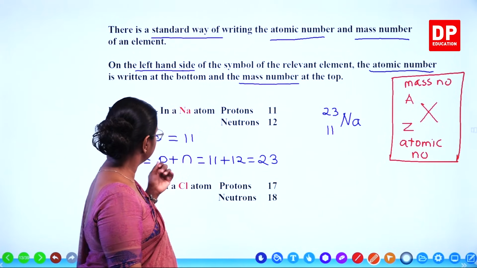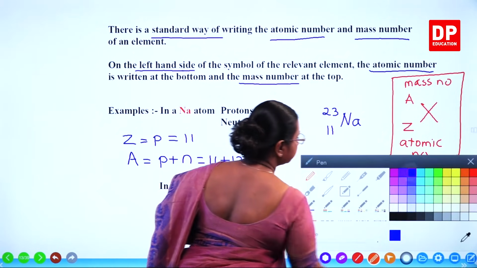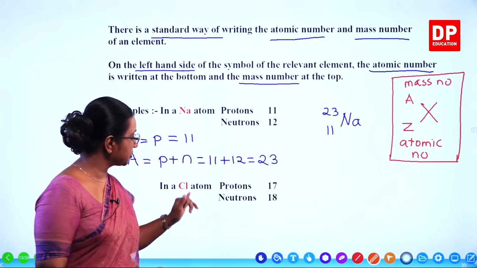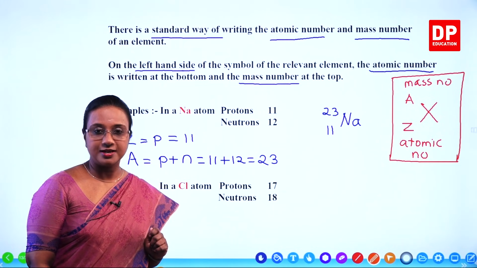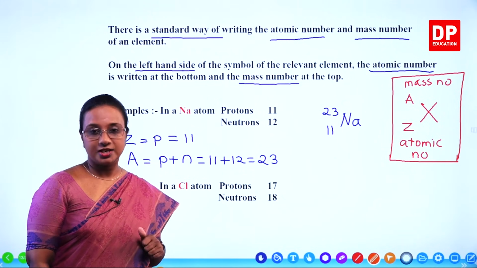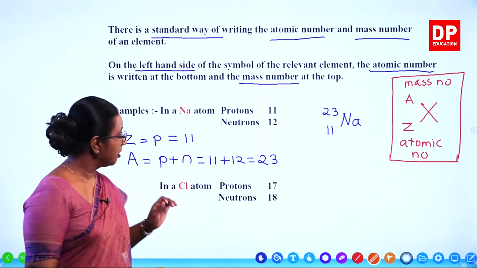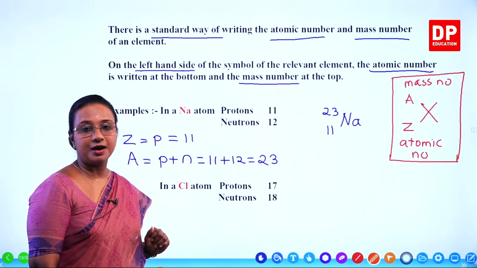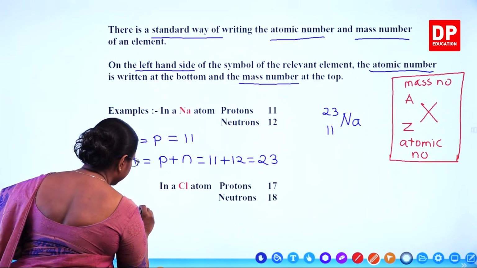We will look at another example, the chlorine atom. First, you think how you are supposed to write the standard symbol for a chlorine atom. Then you can check with this. First, you have to calculate the atomic number and the mass number. Atomic number is direct.